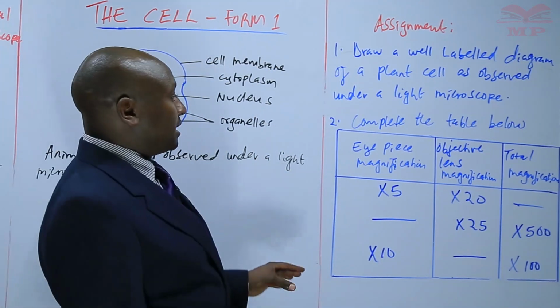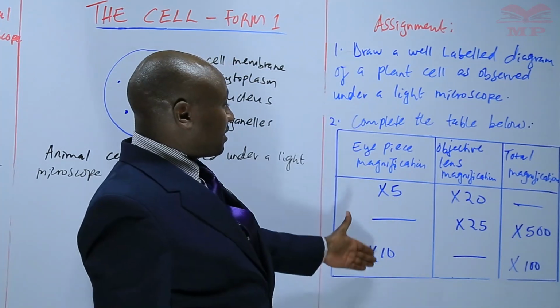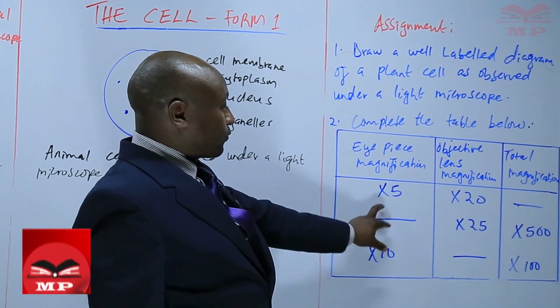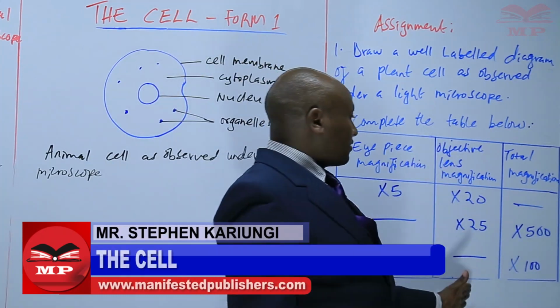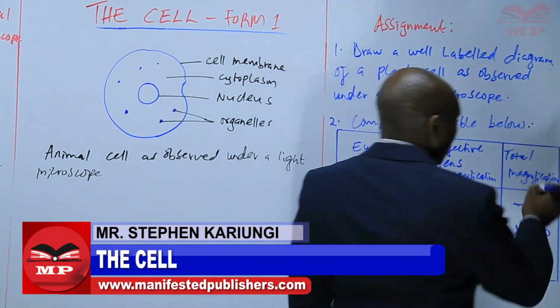Number 2, complete the table below. The eyepiece magnification is the first column. You fill the spaces. Objective lens magnification, you fill that, and the total magnification accordingly.